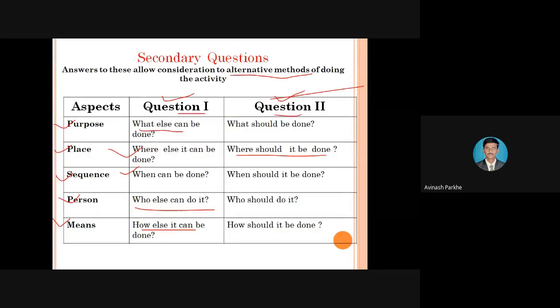So this is the second recording technique, which is called critical examination, in which we are applying the set of questions. So this is about the primary questions and the secondary questions related to critical examination.